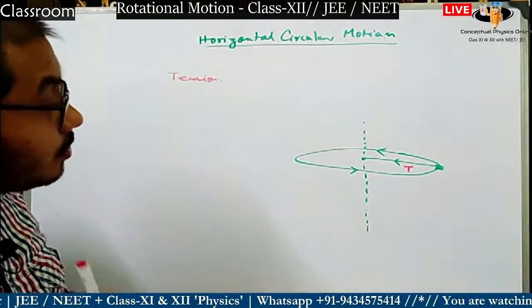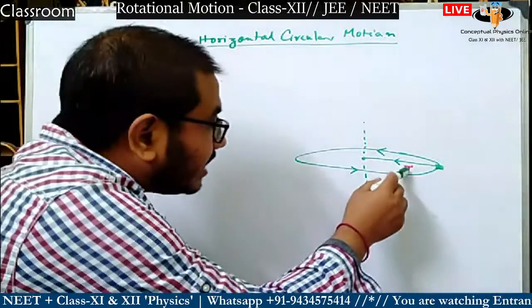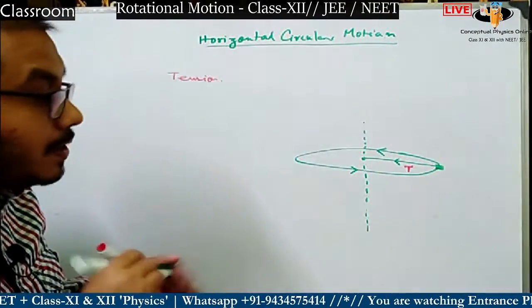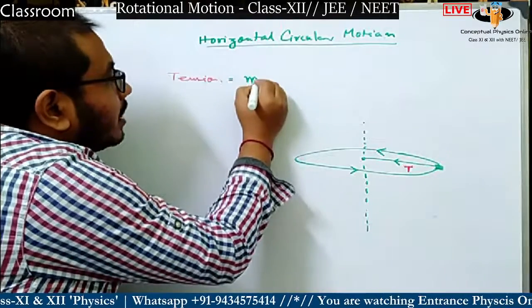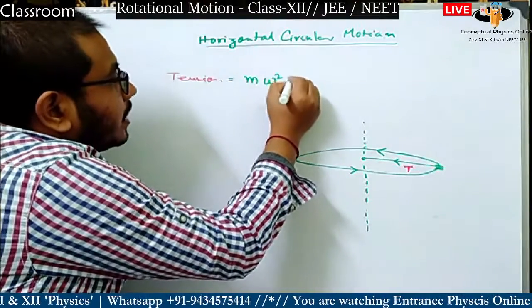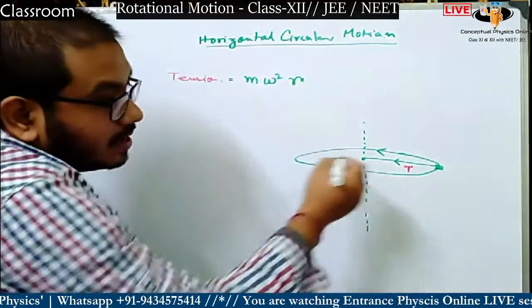Now what you have to understand is that in case of horizontal motion, the tension is the force that is the centripetal force. So the tension experienced is equal to m omega square r, where r is the radius.